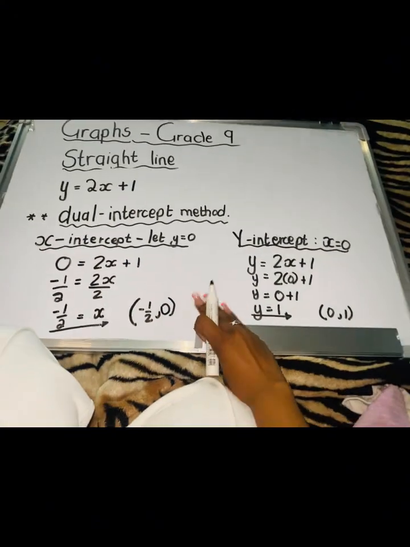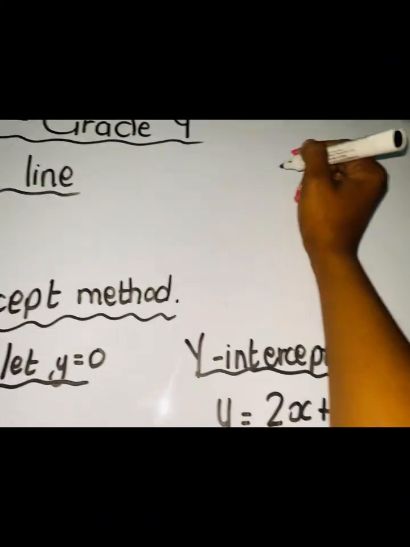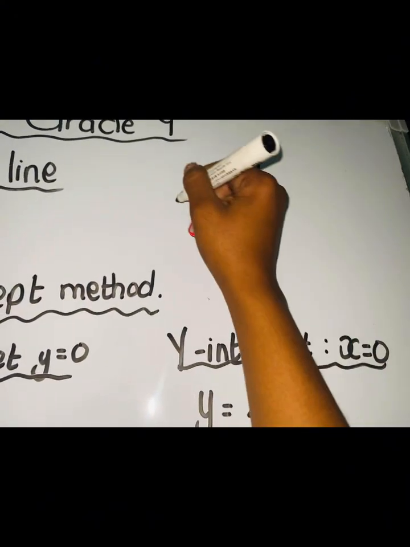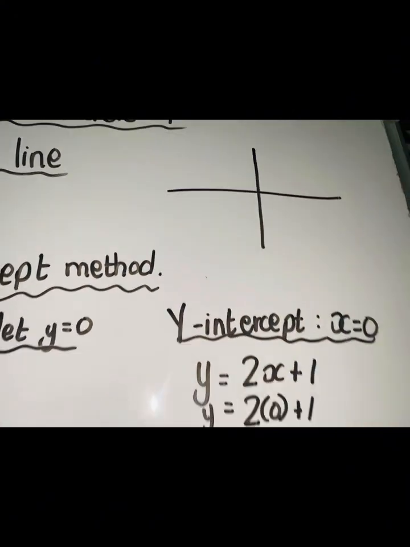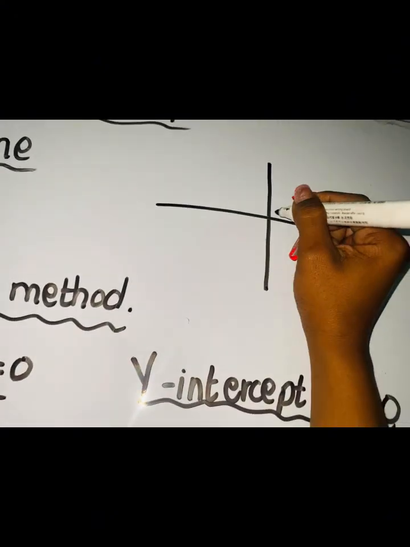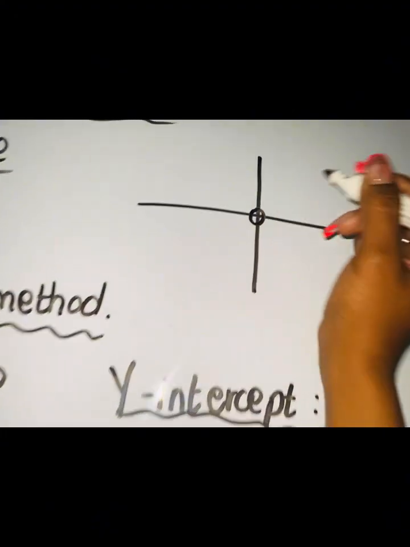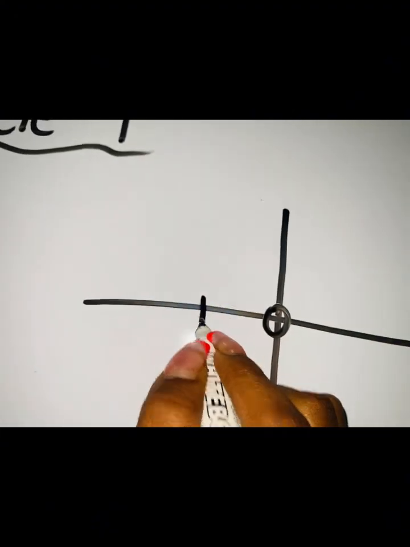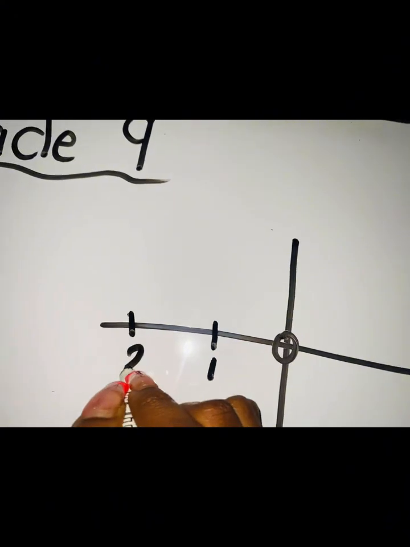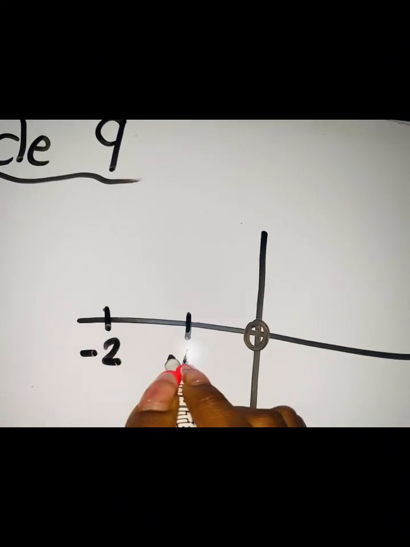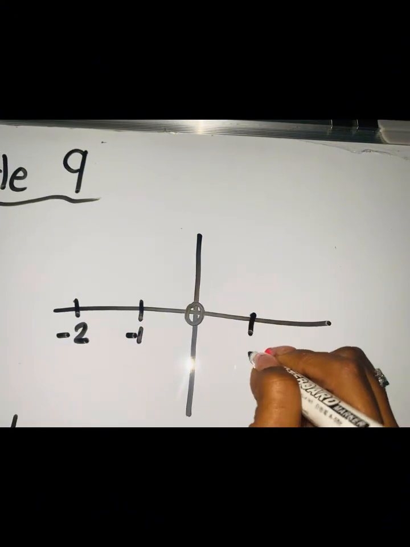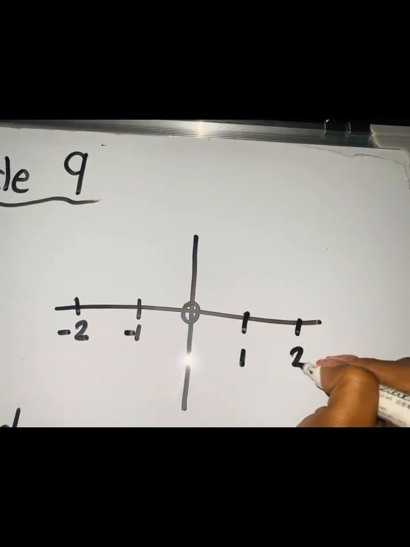As you can see, I do not have a lot of space, so I shall draw my Cartesian plane here. Right. So this is our 0. You know the 0 is in the middle. Then we're going to have 1, 2. I'm only going to count till negative 1, then 1, then positive 2.